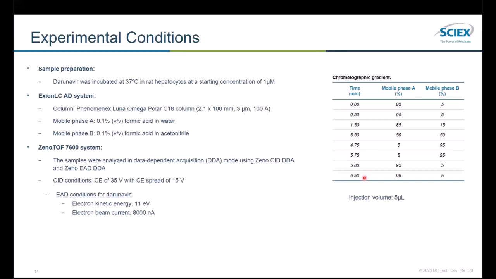Since it was a UPLC, we were able to separate all the interferences and get sharper peaks within 6.5 minutes, and the faster acquisition speed of the XenoTOF 7600 system gave us enough data points across the peak for every analyte so that we don't lose anything during this analysis. So that's basically the presentation part for today, quick.